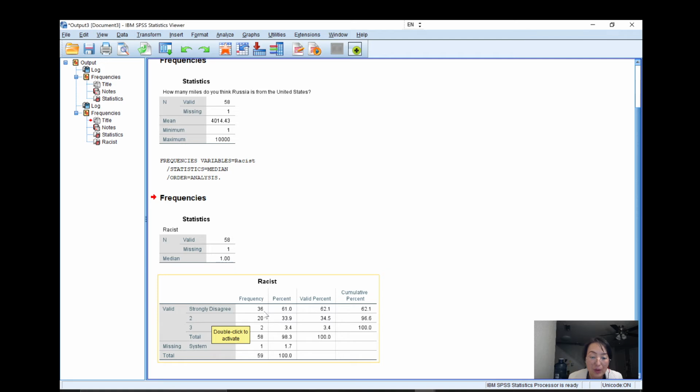And here we have the majority, which is the 36, are strongly disagree. And 2 and 3 are basically the next levels towards agree. So this is strongly disagree, 2 is a disagree, and 3 would be, I guess, neutral, however you would call that.